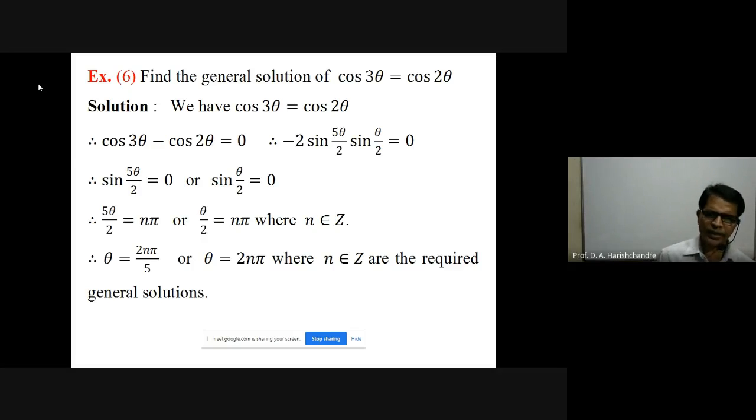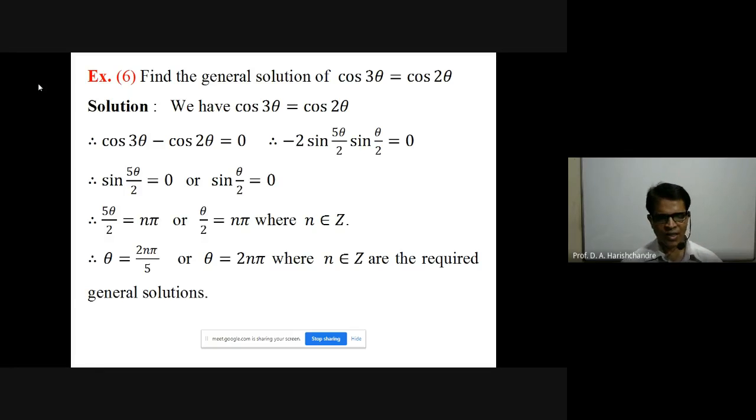First of all, consider the given trigonometric equation cos 3 theta is equal to cos 2 theta. Now shift that cos 2 theta to the left side. So we are getting cos 3 theta minus cos 2 theta is equal to 0. Now here on the left hand side, assuming 3 theta as C and 2 theta as D, it looks like cos C minus cos D. The trigonometric identity for cos C minus cos D you have learned in 11th class.